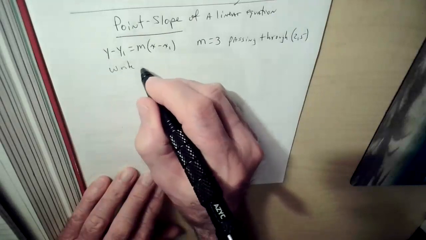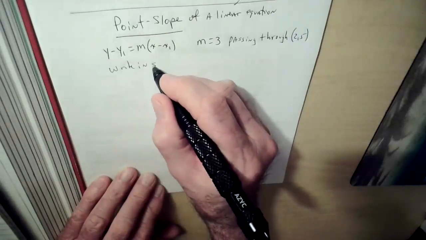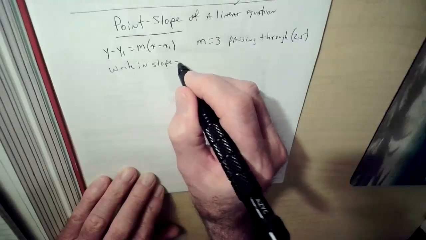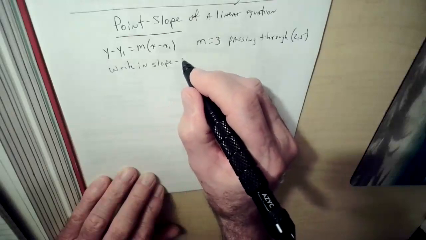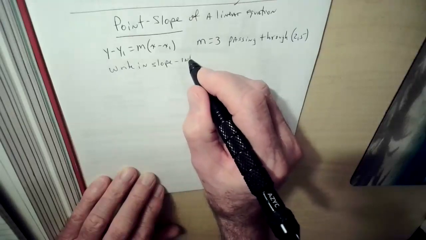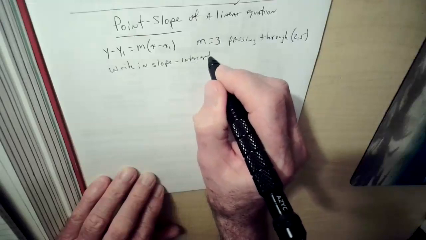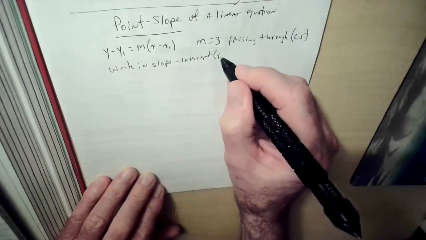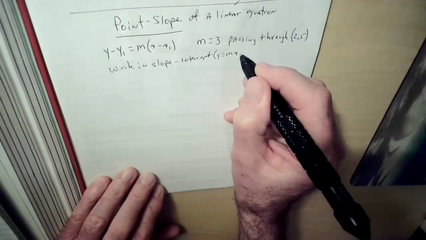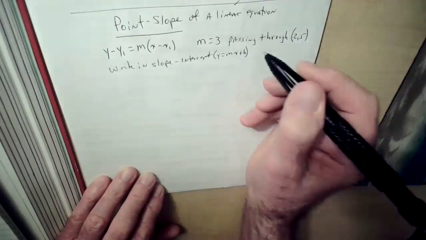So what we're going to do is write in slope-intercept form, S-L-O-P-E I-N-T-E-R-C-E-P-T. The slope-intercept form is y equals mx plus b.